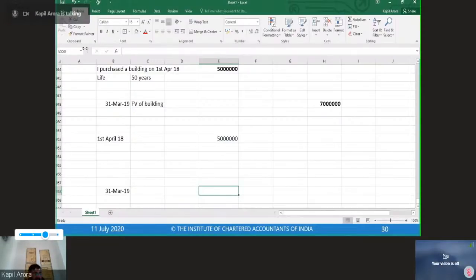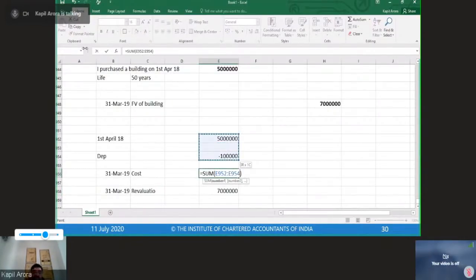To compare the value with 70 lakhs, first I will depreciate the asset with 1 lakh and find out what would be the value on 31st March 19. This is cost, 49 lakhs, whereas revaluation is 70 lakhs.